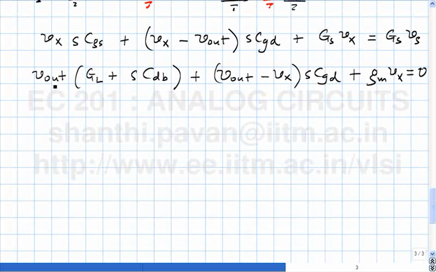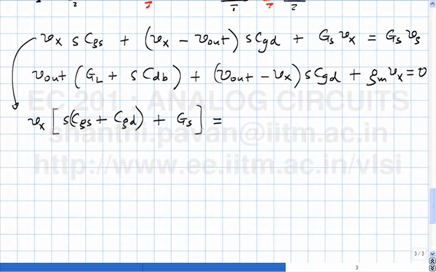If we want Vo by Vs, we should get rid of Vx, so let's do that. So from the first equation, Vx times S times CGS plus CGD plus GS must be equal to Vout times SCGD plus Vs times GS. Is that correct?